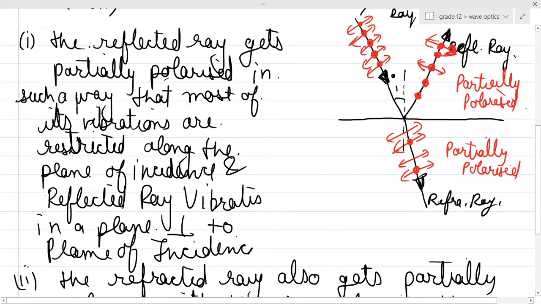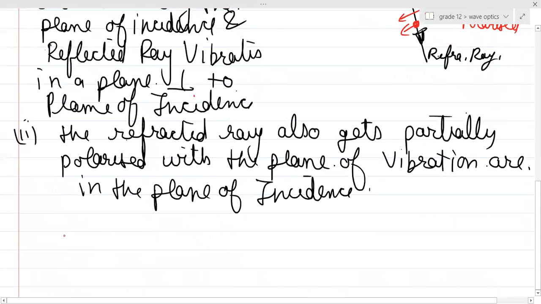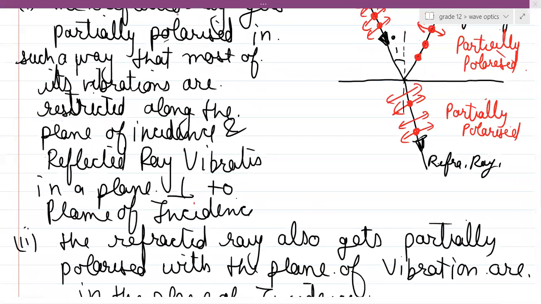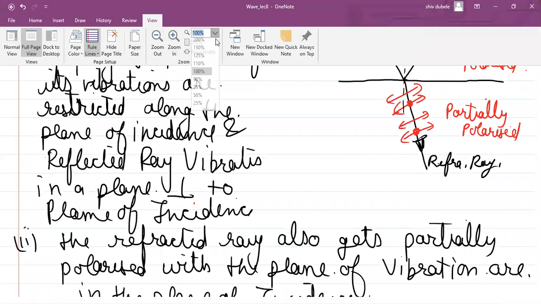Now, there is a guy named Brewster. What he did, Brewster said that... Write this much and make the diagram.